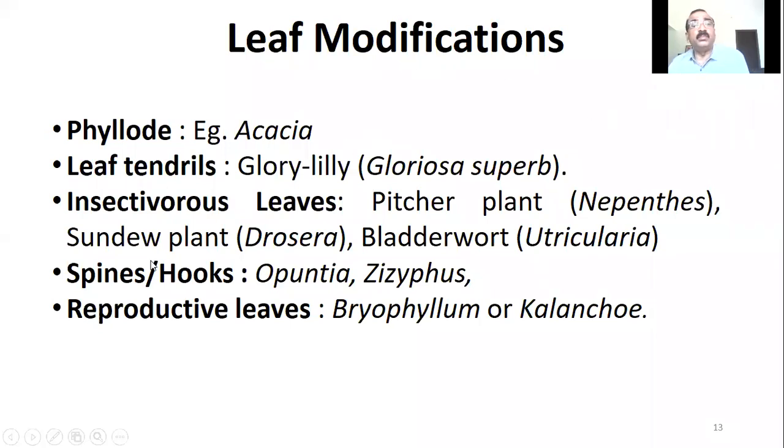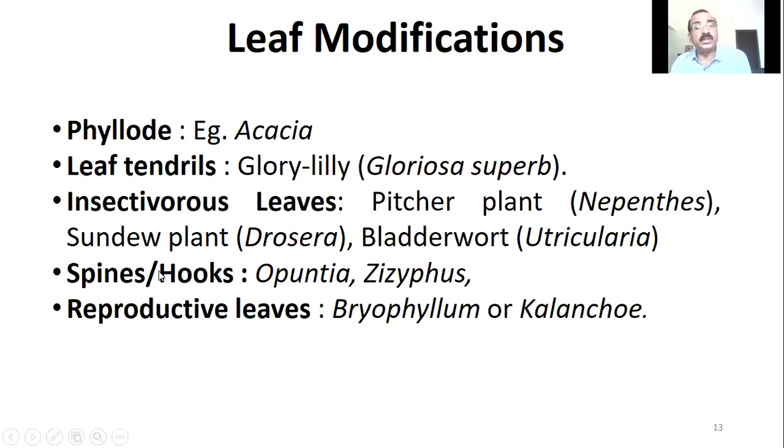Now, there are several important types of leaf modification. One is called phyllodes, leaf tendrils. Now, insectivorous leaves. This is in case of insectivorous plants. You know that some plants are modified to catch small insects and digest them. In those insectivorous plants, the leaf is modified into structures to catch or trap insects. So that is called insectivorous leaf.